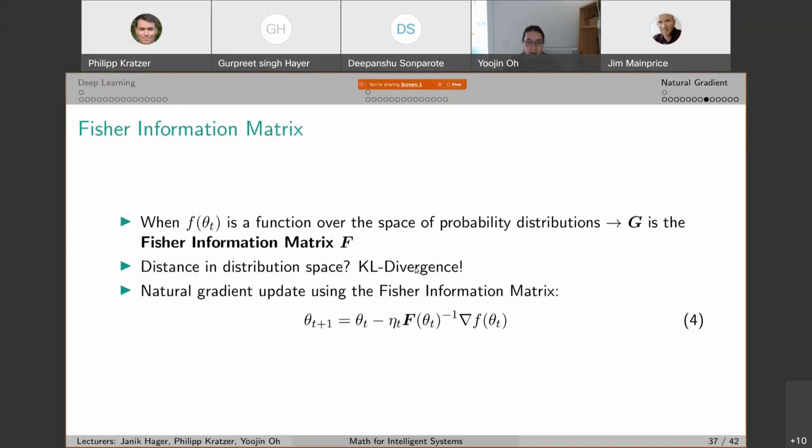Okay, so how do we measure the distance in the distribution space, because we're taking this small step? In order to compute what it means to be a small step in a distribution space, we use the KL divergence.